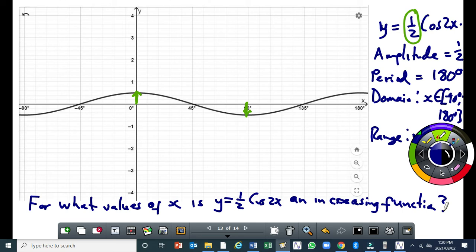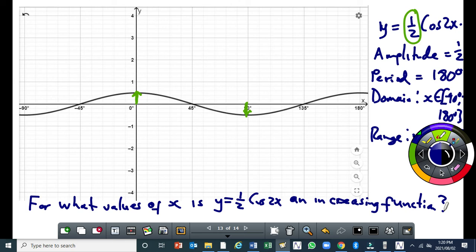Remember, if it's an increasing function, the gradient must be positive. So, as the y values increase, the x values are also increasing. Both the x and y values are increasing. Negative 90 to 0, yes.